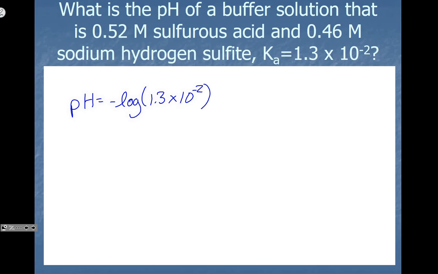Base. Always base. Nope, that's not right.